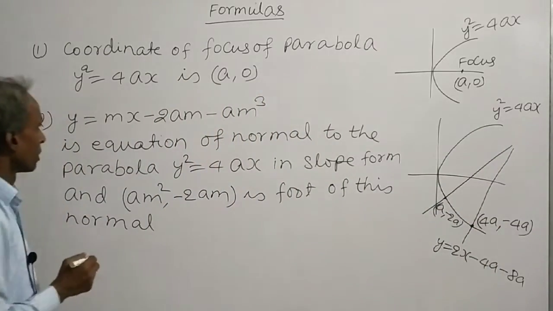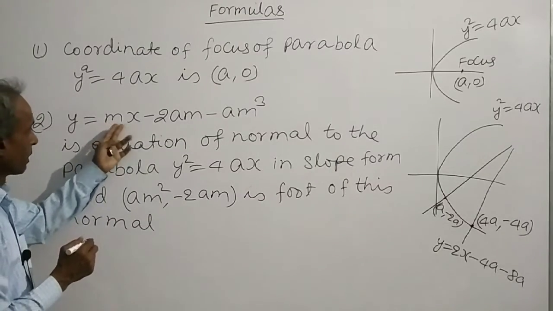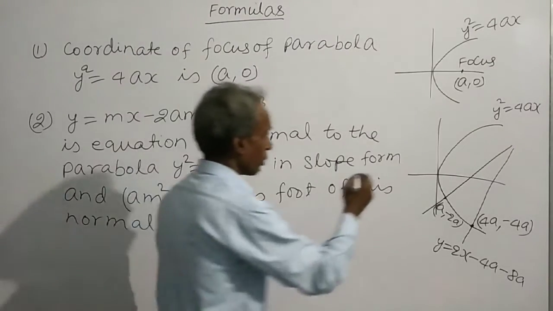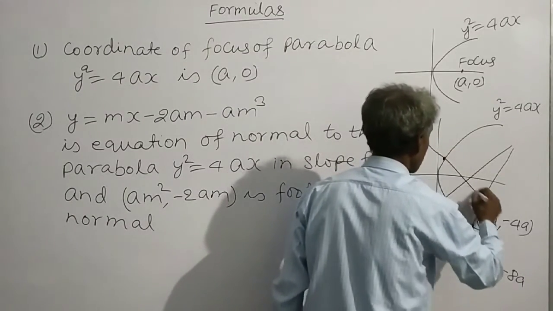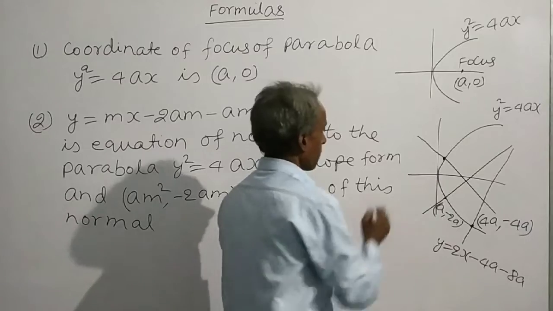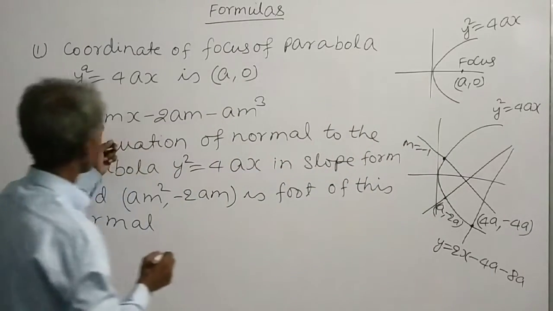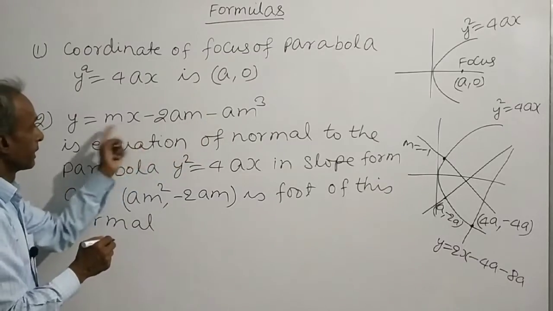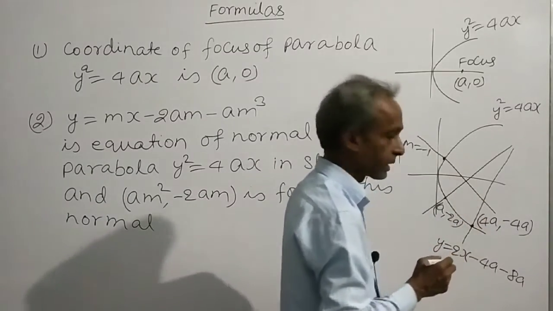If we put some negative number, minus 1, in place of m, then also we get some normal at some different point. When we put m is equal to minus 1 in this equation, we get this normal with slope minus 1.